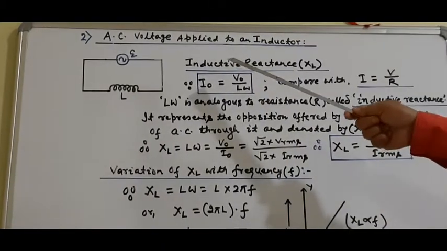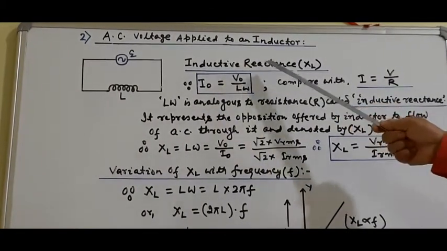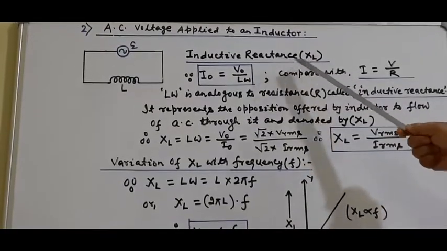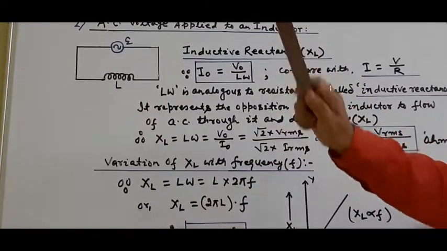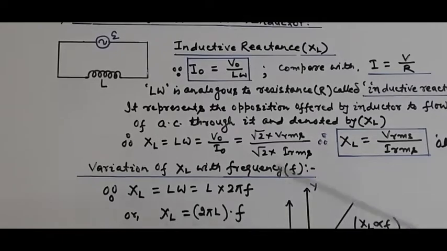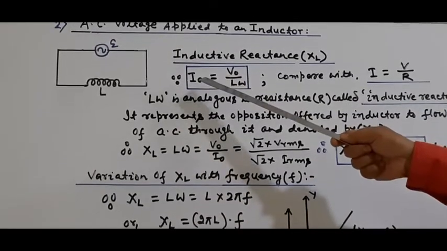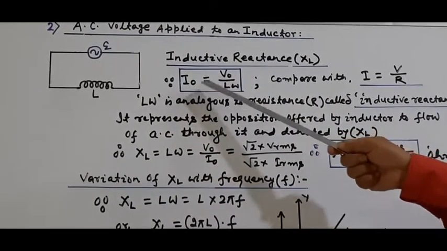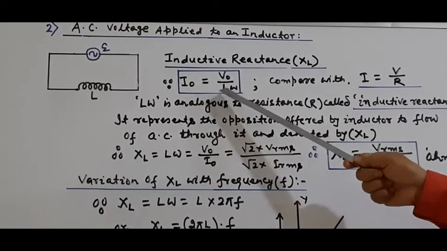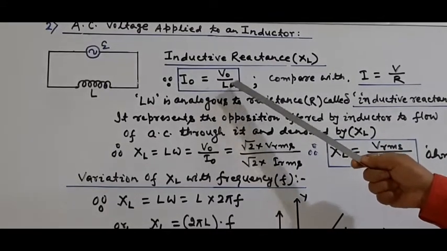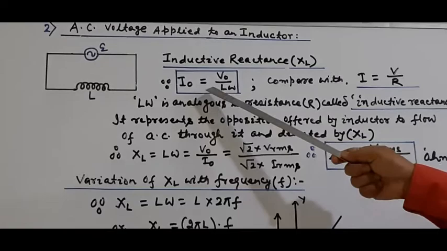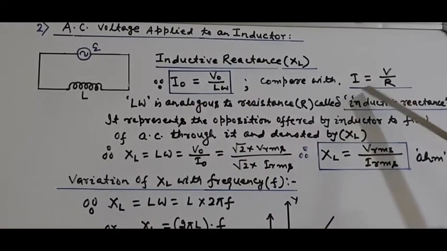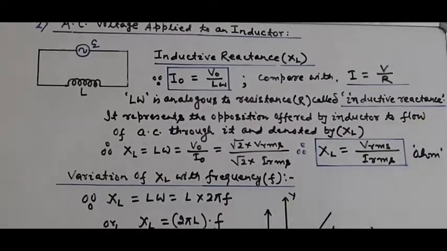Now let us see a term, inductive reactance, denoted by XL, which comes in this circuit. Students, we know that the maximum value of alternating current I naught is equal to V naught by L omega. We have derived this. If we compare this relation with the relation I is equal to V by R, what can we say?